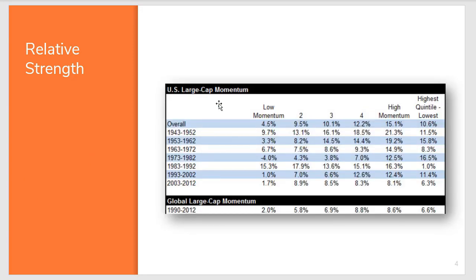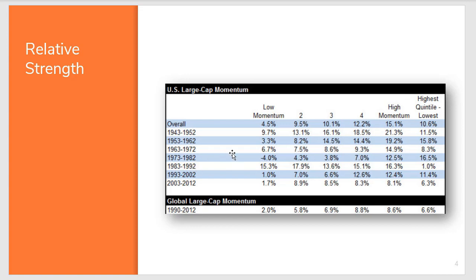We can also see here if we had chosen the US large cap momentum, and this is split up, so we have low momentum, that is the 20% of the stocks with the lowest momentum. Here is the 20% with the next lowest, and the mid stocks, the next highest momentum stock, and the high momentum stocks. And here it is split up in decades.